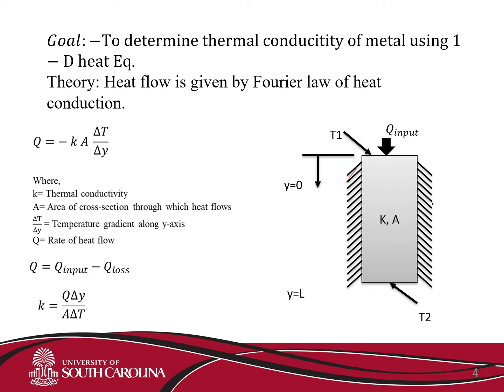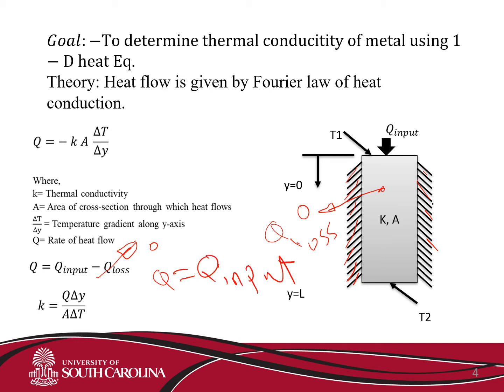Since the system is insulated, there is no heat going from this system out of the system. So the heat losses we assume is zero. This is the zero heat loss condition. Therefore, Q equals Q input.